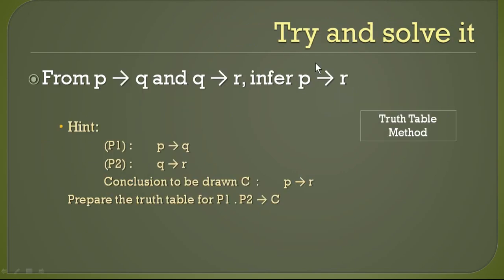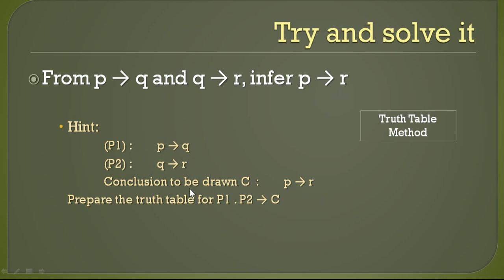Now you are going to try this. Use the same method, the truth table. You got two premises here: P implies Q and Q implies R. Infer P implies R. So these two are the premises available, P1 is P implies Q and P2 is Q implies R. You find two different columns in the truth table, and then finally the conclusion has to be made.